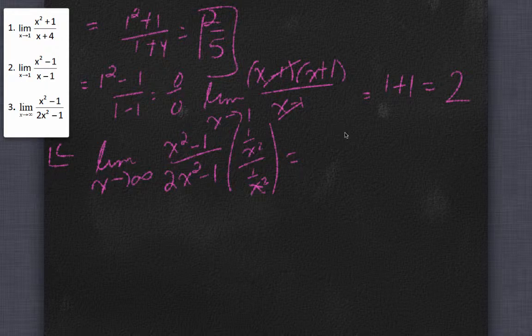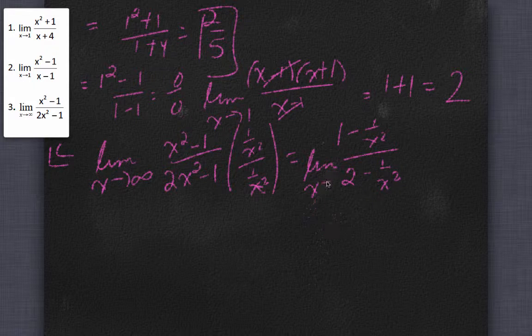So then we get 1 minus 1 over x squared, 2 minus 1 over x squared, and then these go to 0 so that we get 1/2.